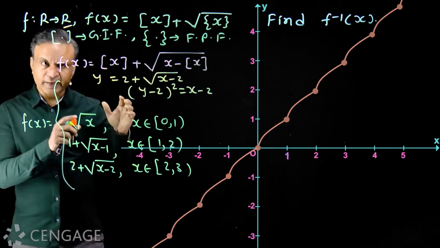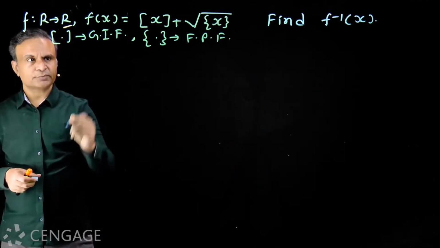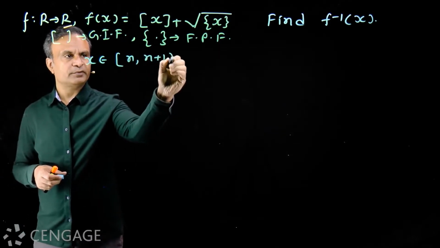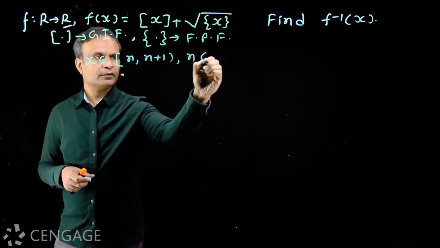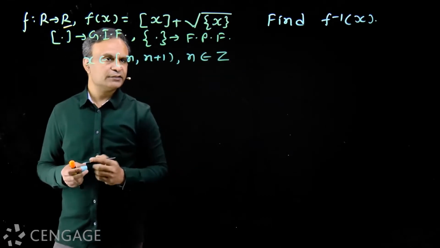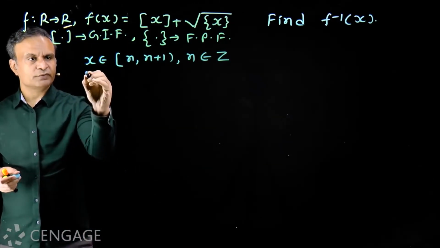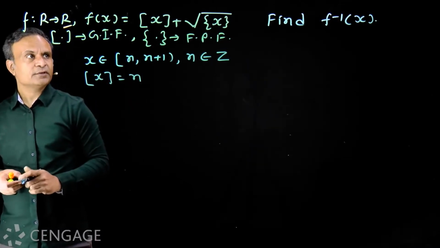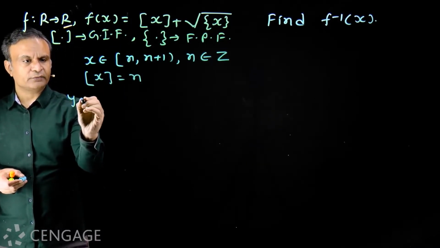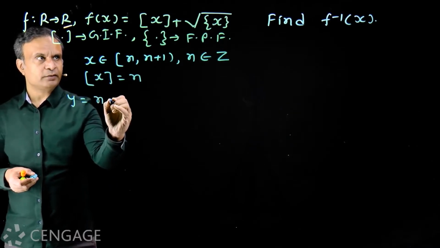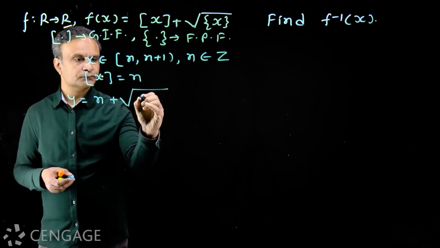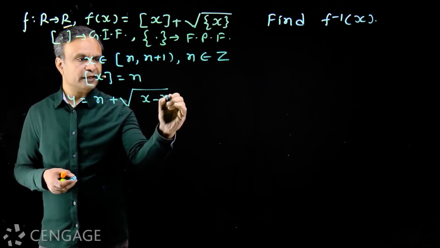Now let's find f inverse x. Suppose x belongs to closed interval n to n plus 1, where n is an integer. So we will have greatest integer of x is equal to n. So from this we will have y is equal to n plus square root of x minus n.